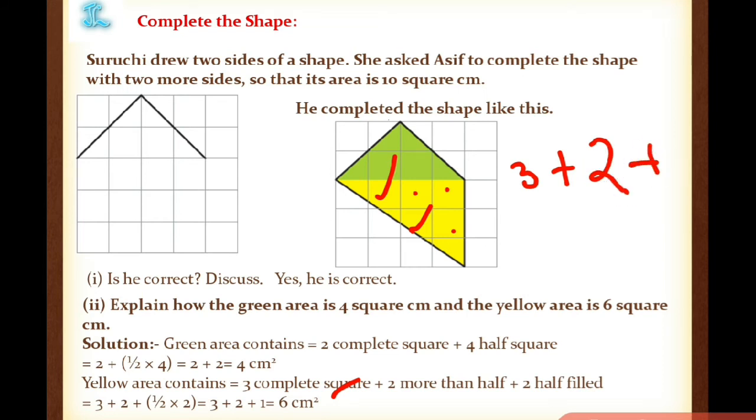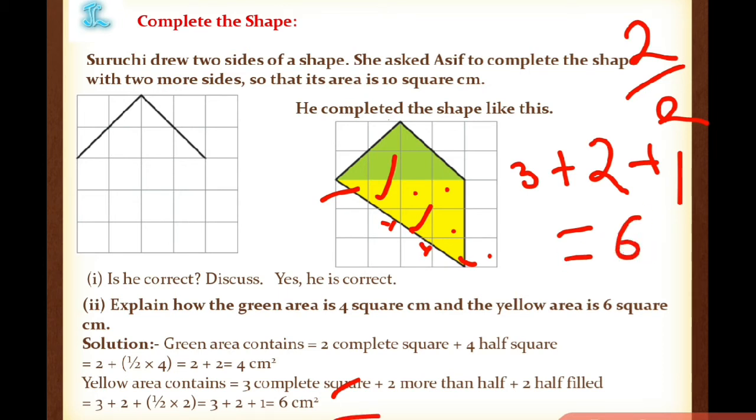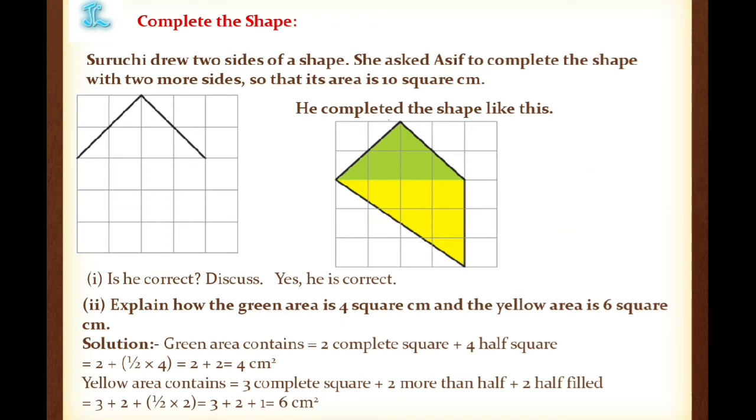Plus, now what is left out? This is left out, this is left out. Those two are half filled. This is also half filled. So 2 halves filled. So 2 by 2, that is 1. Plus, now this is less than half, not considered. Here also less than half, not considered. So this much only. So 3 plus 2 plus 1, that is 6. Did we get the same thing? Yes. Now we'll move to the next one.